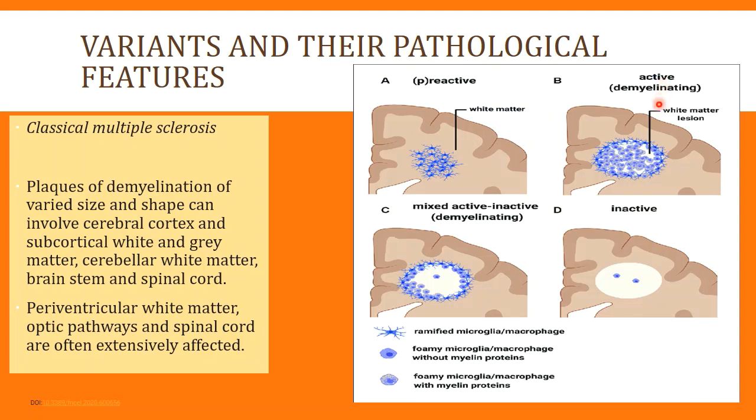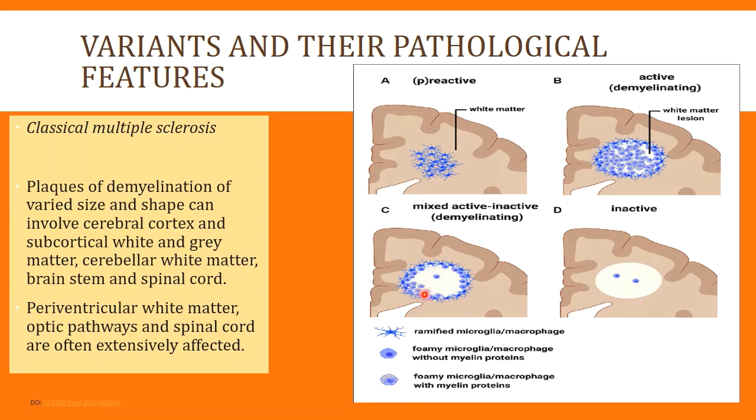Whereas in the active demyelinating condition, this plaque-like area that you can see alongside in the white matter is characterized by the presence of foamy macrophages or microglia which are laden with myelin, producing the characteristic demyelination. What about this one? This is the mixed active-inactive area, and here you see the ramified microglia or the macrophages.